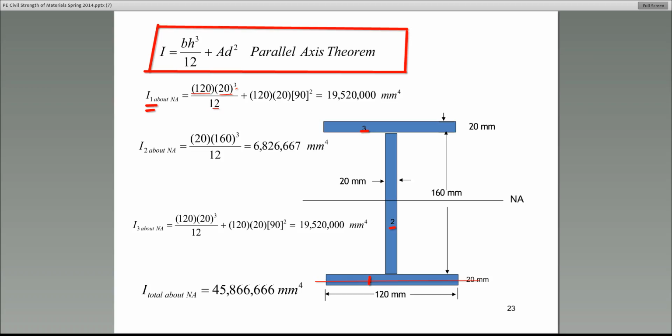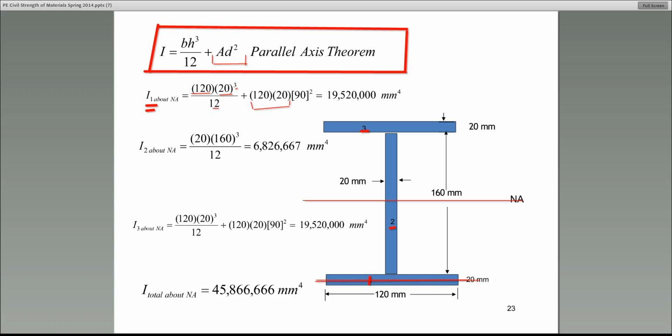So we take that, but remember what we're doing. We want to find the moment of inertia about the neutral axis of the entire cross-section. So using the parallel axis theorem, we have to add this AD squared. What is A? A is simply the area of this segment we've looked at, very simply 120 times 20. It's a rectangle.